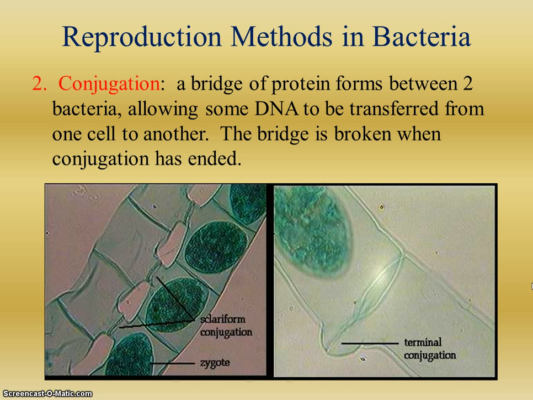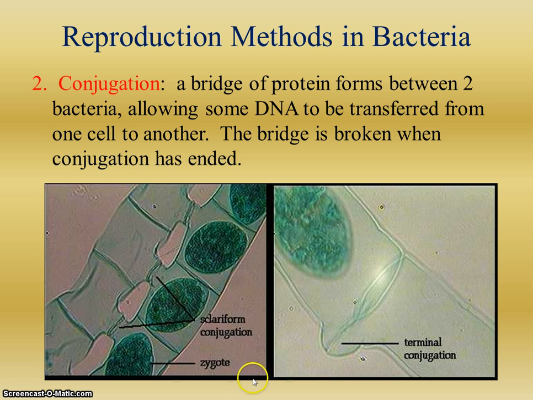But they can also go through sexual reproduction. One way would be through conjugation. These are going to be your example of conjugation for your cocci. Okay, they're going to connect using protein bridges. They'll use proteins to form bridges between two different bacteria.